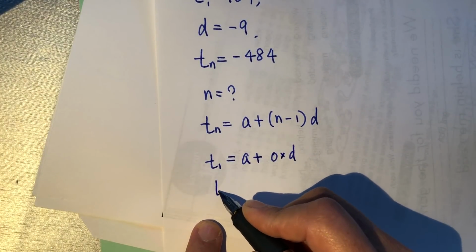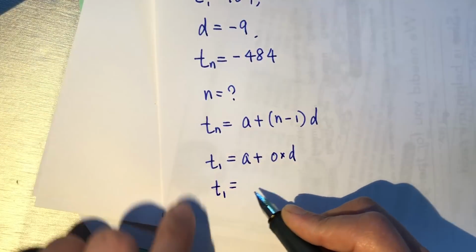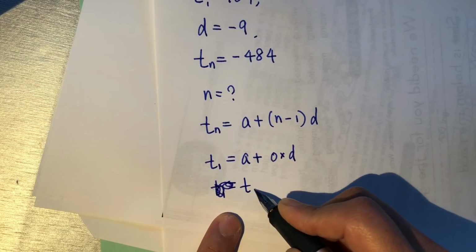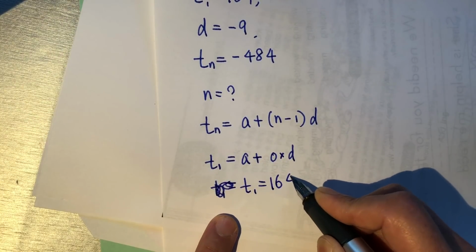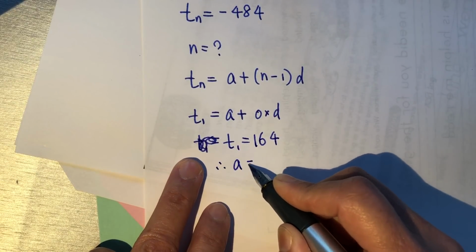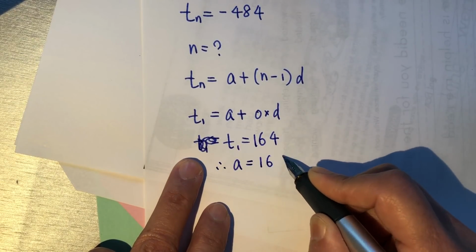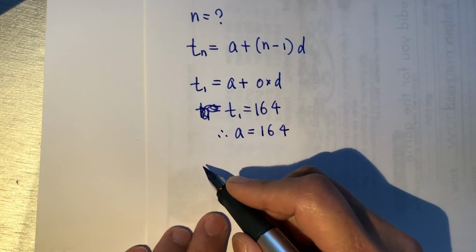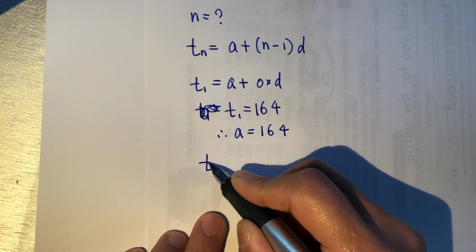So T1 equal to 164, which is given. So A equal to 164. Now we know the formula, we can put it in practice.